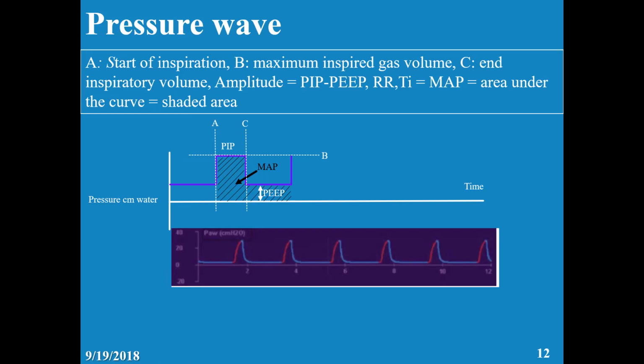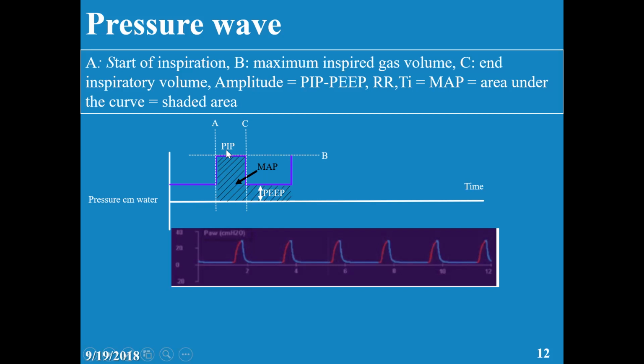Because remember, we said the pressure is the speed of flow, how fast the flow is. So you can see it going right up, achieving the pressure, staying there, and then going right down. And you can see in the flow, it goes right away. It never stays. So this is not volume.